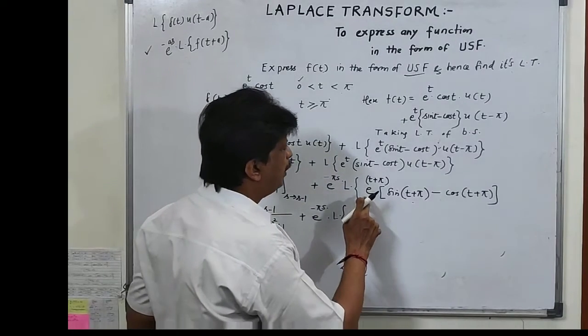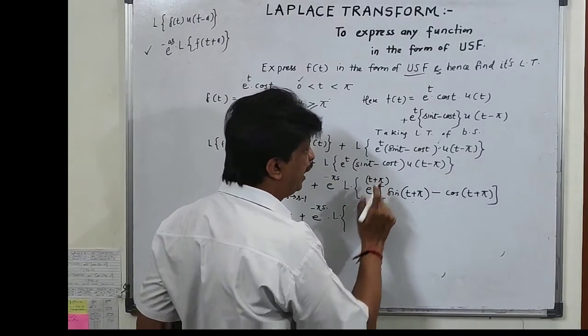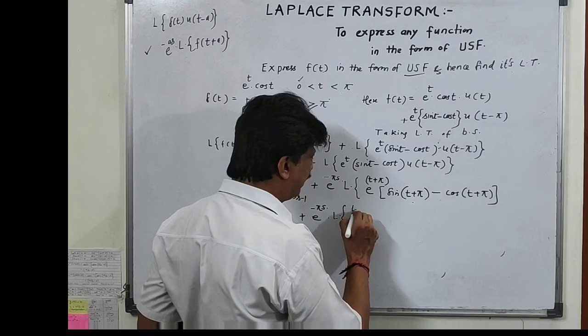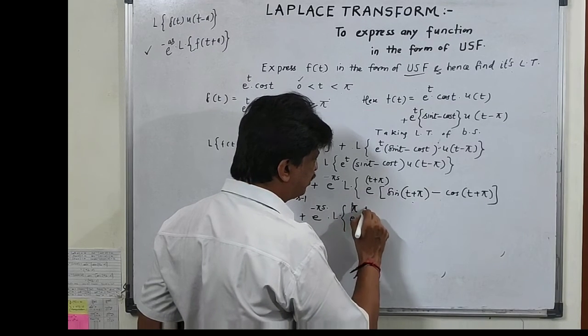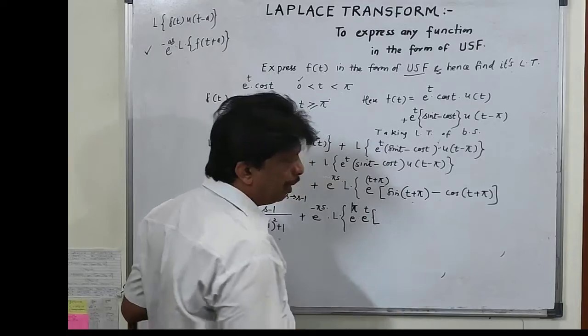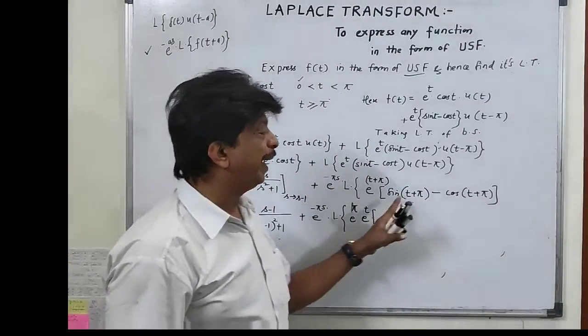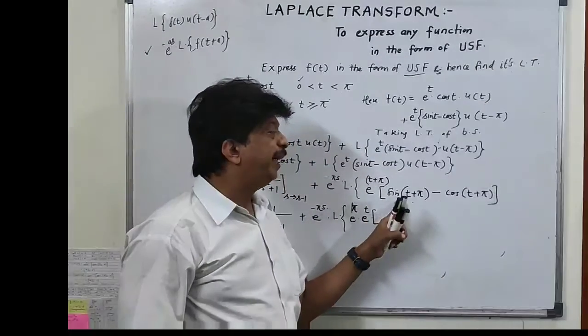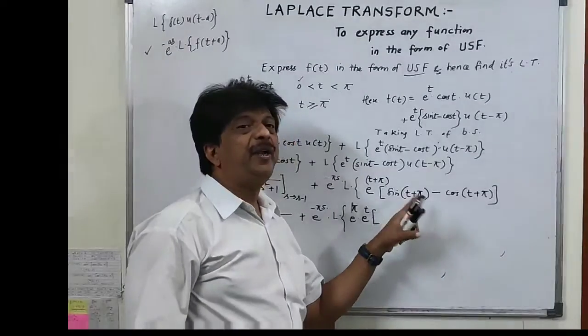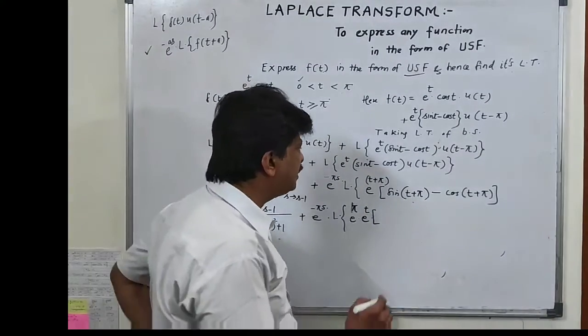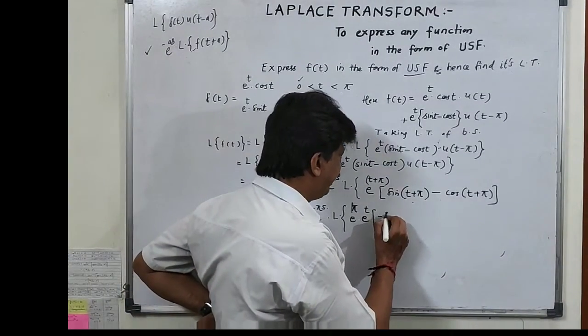This is e raised to power t into e raised to power pi, e raised to power pi into e raised to power t. Sine of t plus pi is sine t into cos pi plus cos t into sine pi. So it is equal to minus sine t.